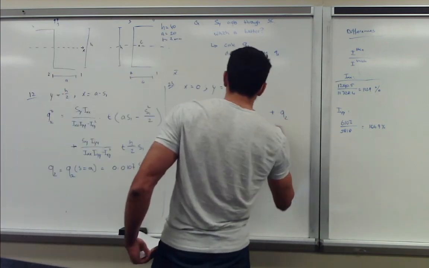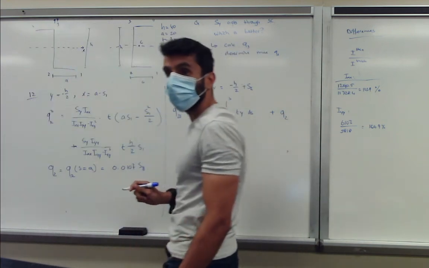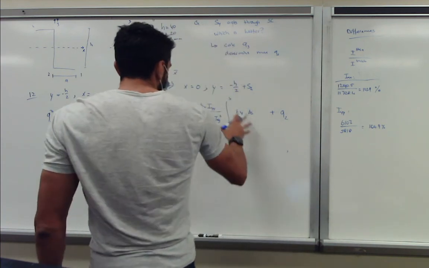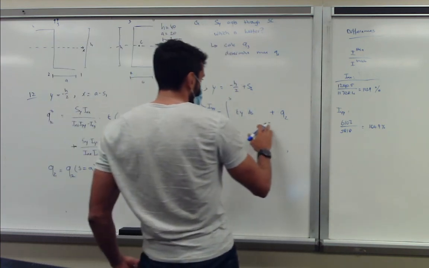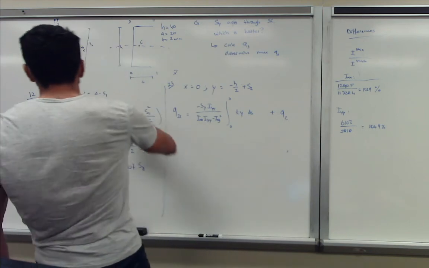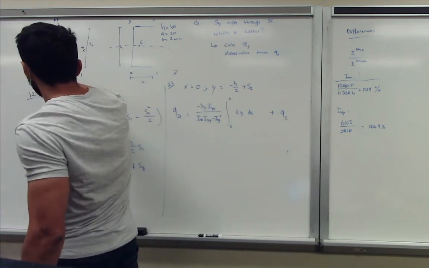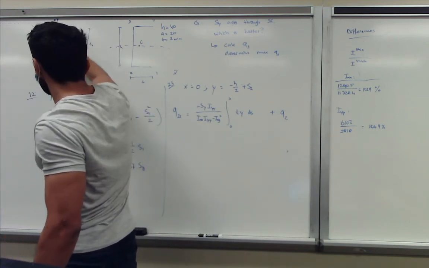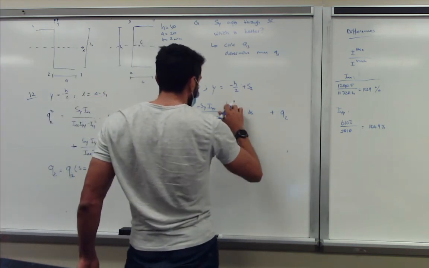So plus Q2, because that's our starting point value there. So okay, let's do some substitution. First of all, let's start with the bound. We travel from point 2 to point 3, so we travel from 0 to h. So that's our bound.